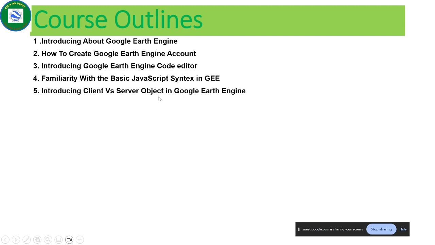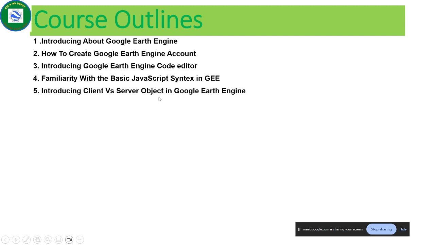Then the normalized difference built-up index, NDBI, and the normalized difference drought index, NDDI. We learn all of these indices easily. Then the normalized difference snow index, NDSI, and other indices in this course.